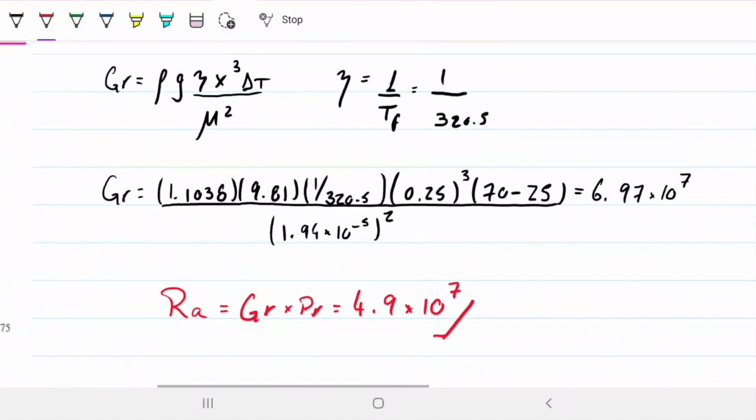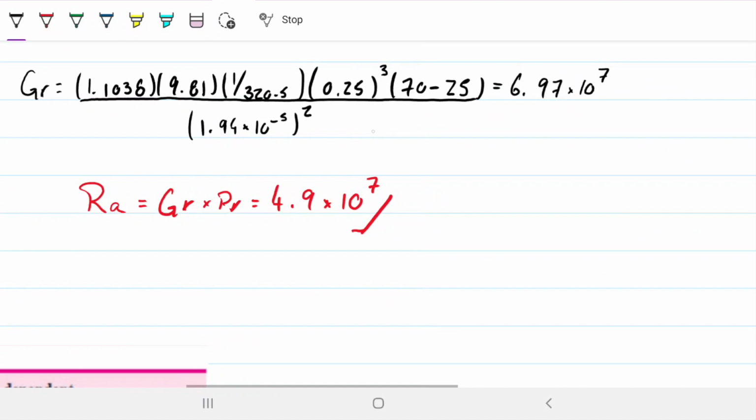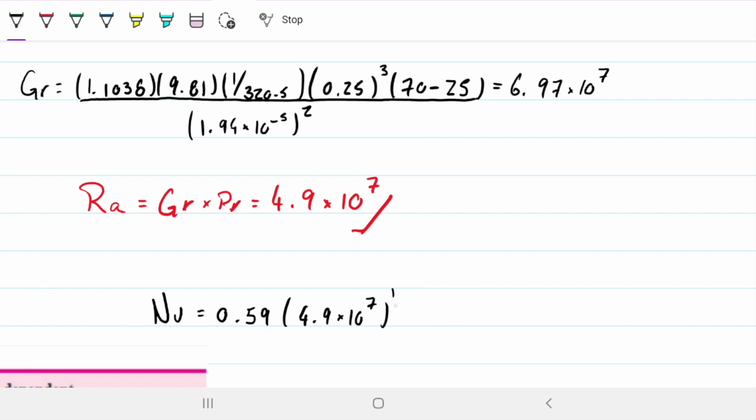So now I can find Nusselt, which is 0.59 times Rayleigh, 4.9 times 10 to the 7th, to the power of 1/4, and that's it. This gives me approximately 49.4 for the Nusselt number. Great.